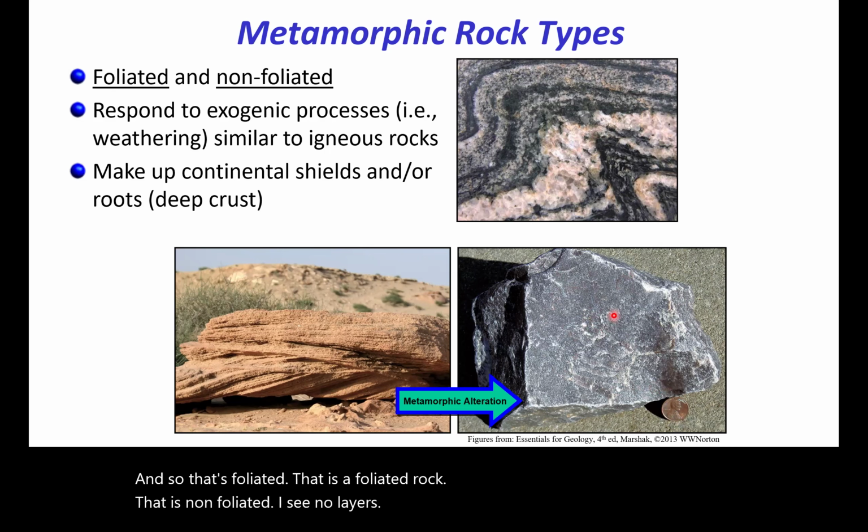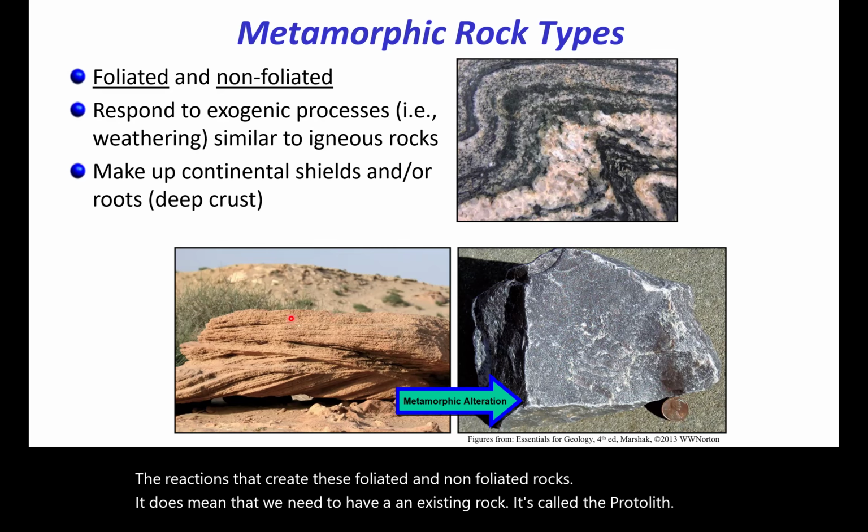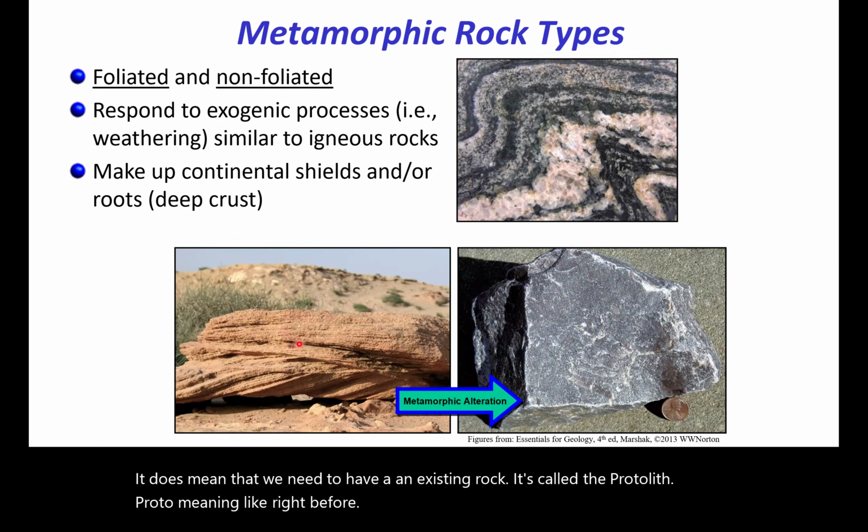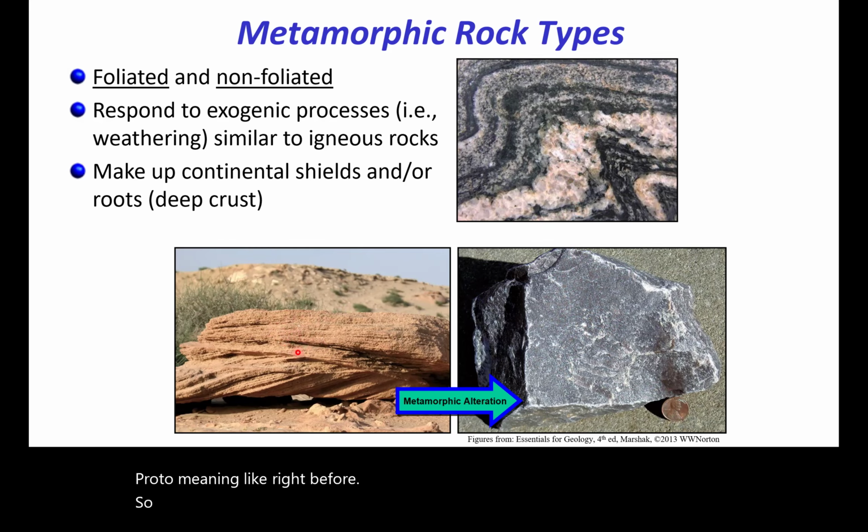The reactions that create these foliated and non-foliated rocks mean that we need to have an existing rock. It's called the protolith. Proto meaning like right before. So the protolith, or the parent rock, is in this case a sedimentary rock, and it's made up of a lot of quartz, like sandstones. A lot of sandstones are made up of a lot of the mineral quartz.